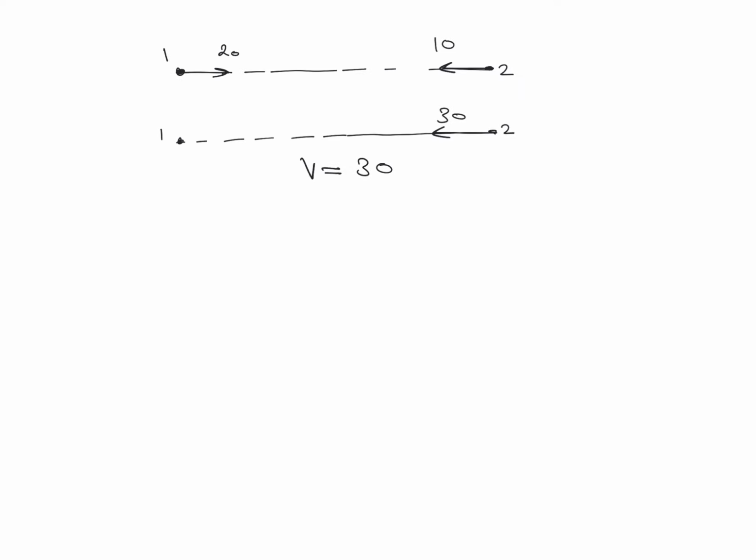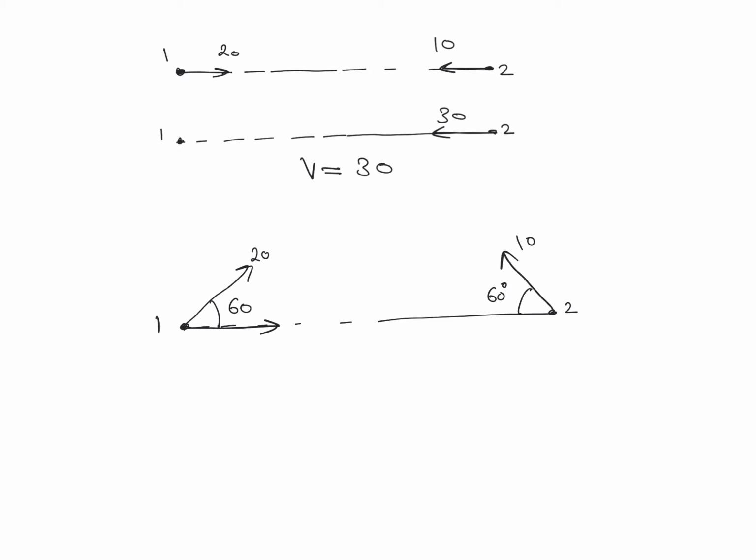Now consider a situation like this: 1 is moving along this direction with a velocity 20 and making an angle 60 degree with respect to the line joining particle 1 and 2, and the second particle is moving along this direction with a velocity 10, also making an angle 60 degree with the line. So we find the component of velocity along the line joining the first and second particle.